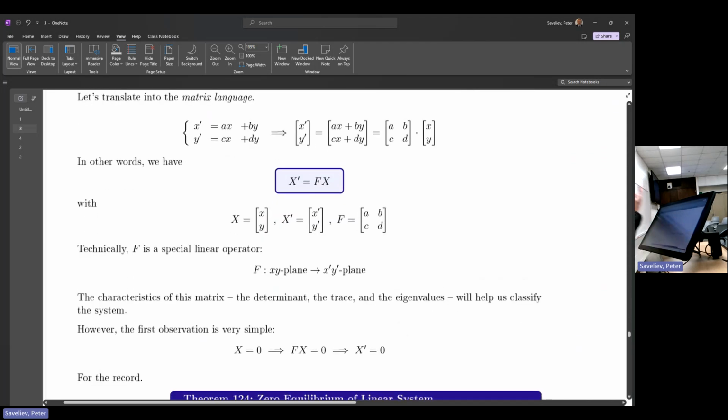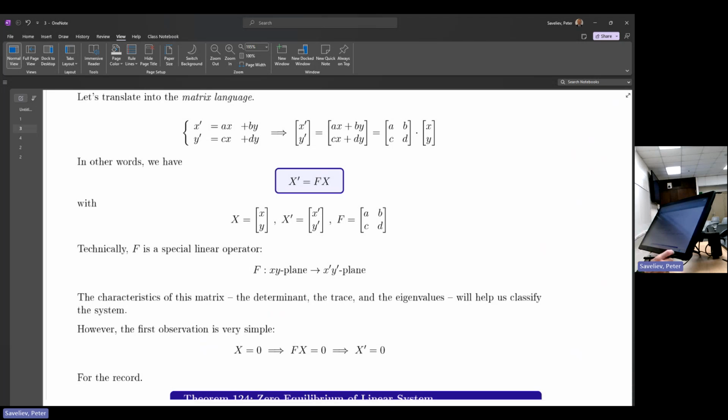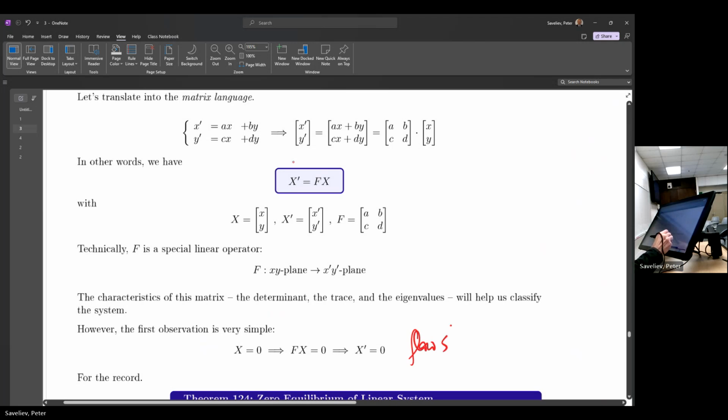The simple observation, as we know about linear operators, is that when you plug in 0, you get 0, and those are the singular points where the flow stops. It's not moving.